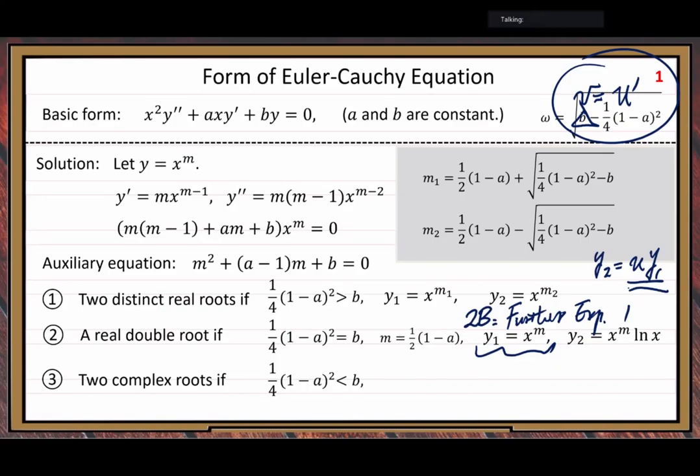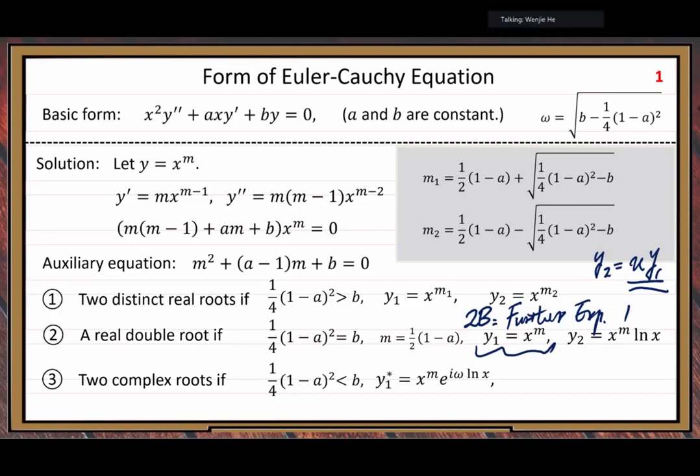So we need to introduce another symbol, omega, to represent this big square root expression. We want a simpler expression for the roots.